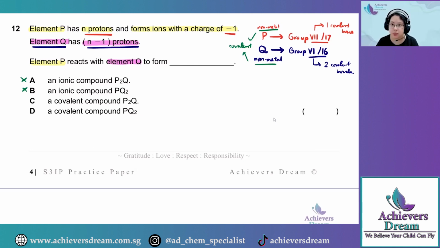So the structure that makes sense in order to fulfill these conditions is something like this. Q would form two covalent bonds with one atom of P each. And this gives us a covalent compound with the formula P2Q. And hence, C is our answer.